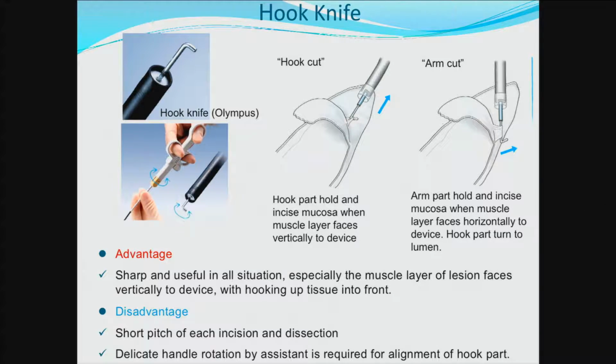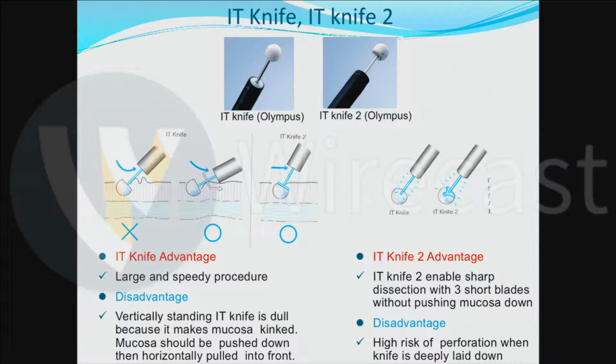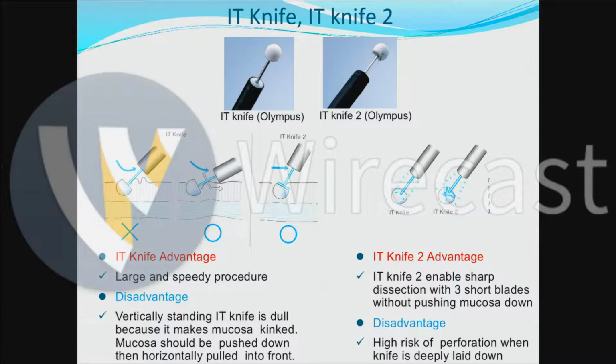The disadvantage of hook knife is the short pitch of each incision and section, and delicate hand rotation by the assistant is required for alignment of the hook part. IT knife has an insulated tip and it enables large and speedy procedures. However, a vertically standing IT knife is dull because it makes the mucosa kinked.